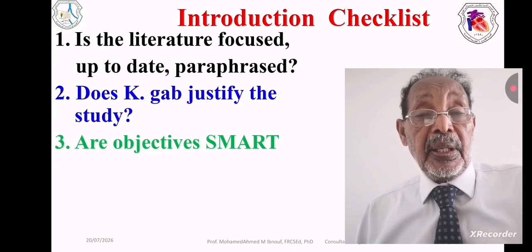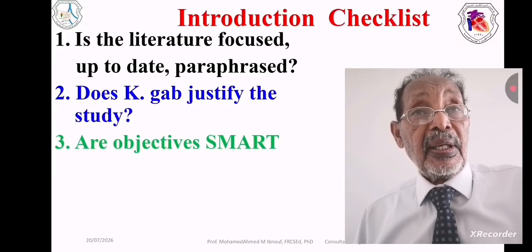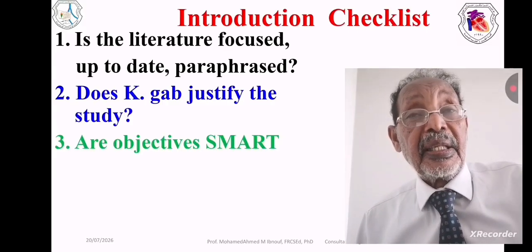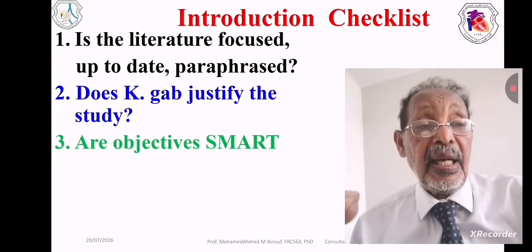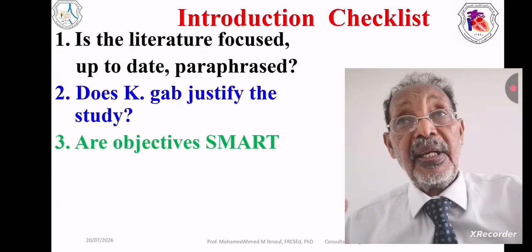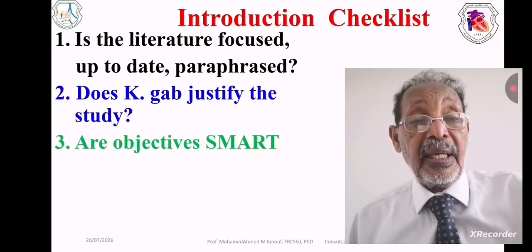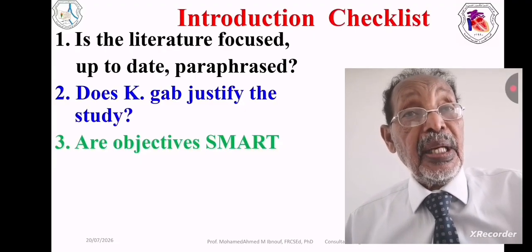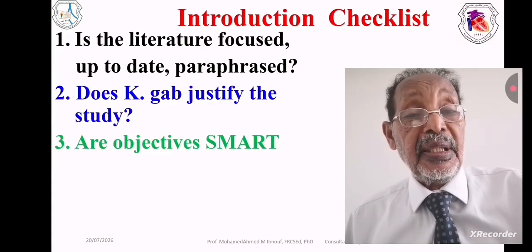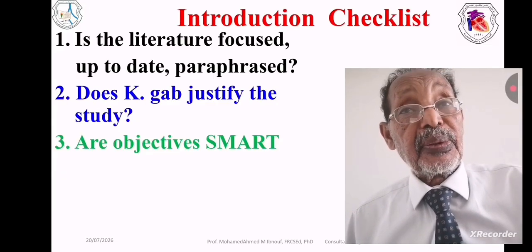Now, does the knowledge gap justify the study? Have you written a clear rationale and justification and significance, who is going to benefit? And did you write the main question of the study and the objectives are written as SMART objectives?